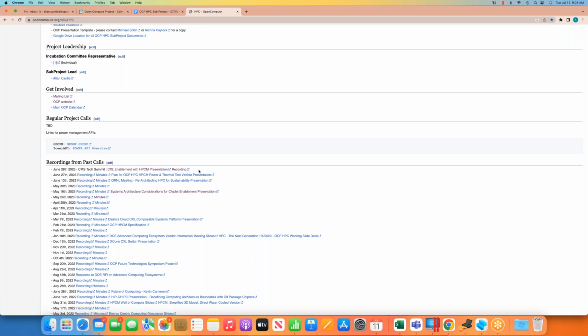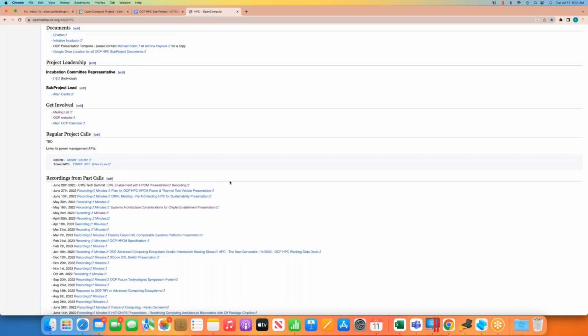Also the slides I shared with Oak Ridge National Labs are there, a couple below, comparing it to Frontier, etc. June 13 is the Oak Ridge National Labs, where you can see the slides I presented to them, and June 28th is what I gave a couple of weeks ago to the Composable Memory Systems Tech Summit, and there's a recording there.